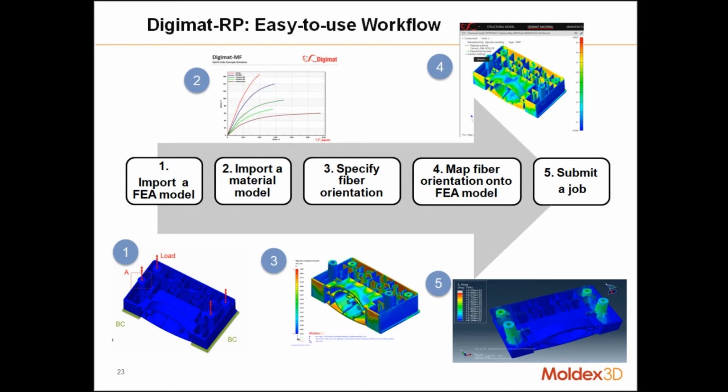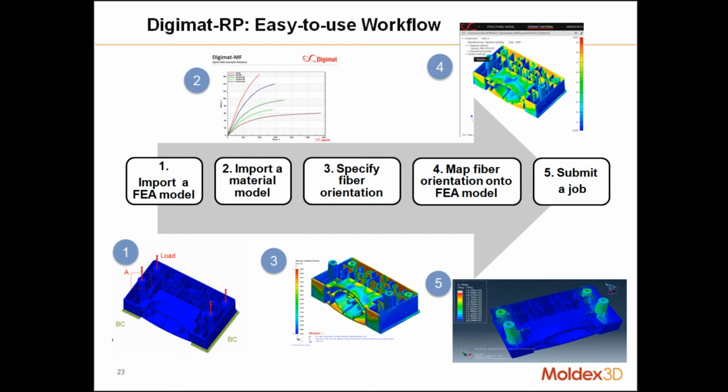So this is the procedure of how to use Digimat RP. First we import the VI model from the structure software, and secondly we import the material model. Like I said, you can choose from the embedded material database in Digimat RP, or you can create your material model by inputting experimental data like the stress-strain curve to do the reverse engineering.